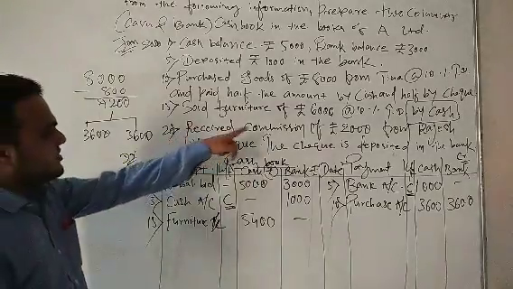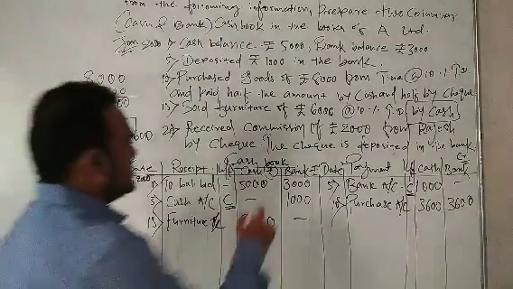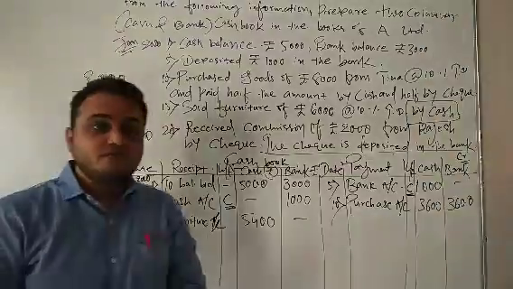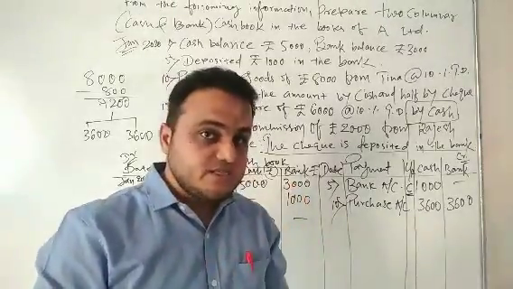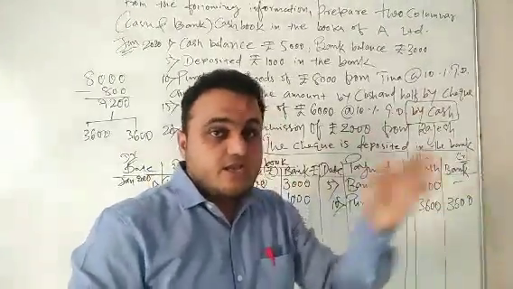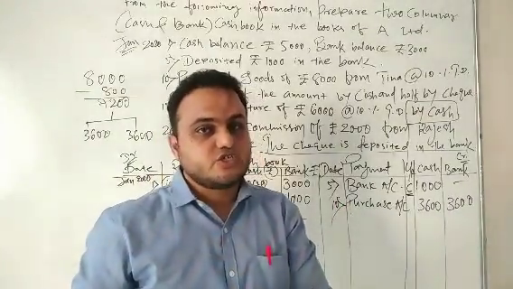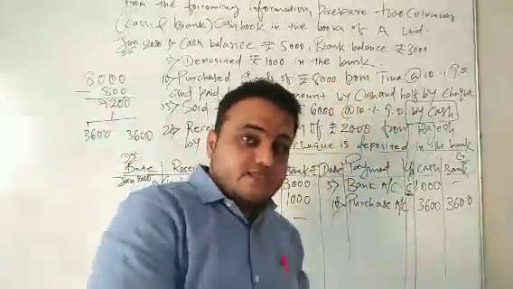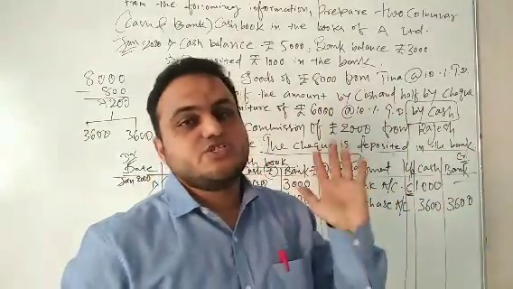Last one, 20. Received commission of 2,000 from Rajesh by check, and the check is deposited in the bank. Now students, listen carefully. When someone gives you a check, and the same check on the same day, same transaction, you deposit in the bank, then a contra entry will not be there, because it will not directly affect your cash. Yes, if someone has given you a check, and on the next day or after a few days you deposit it in the bank, it is a contra entry.